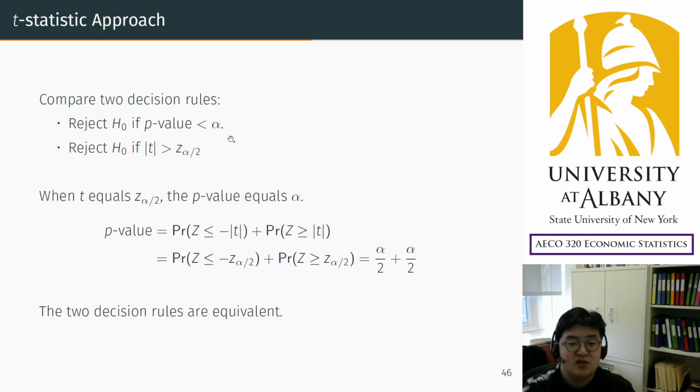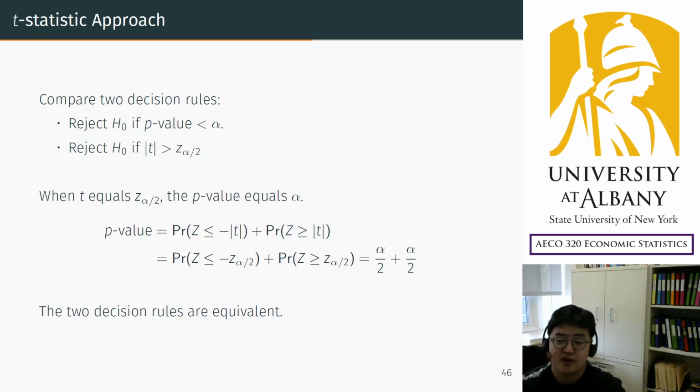Okay. And as I said, the p-value decision rule and the t-statistic decision rule are mathematically equivalent, right? So p-value can be written in this way. If the t-statistic equals the boundary cutoff, you exactly hit the boundary, and the p-value will equal alpha. So these two decision rules are equivalent. If the t-statistic is rejected, the p-value will be rejected too, and vice versa.